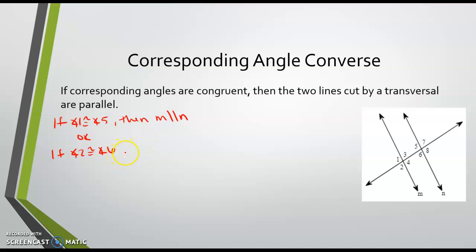You don't need all of these pairs, just one set of these, and we know that our lines are parallel. So if angle 2 is congruent to angle 6, then line M is parallel to line N.